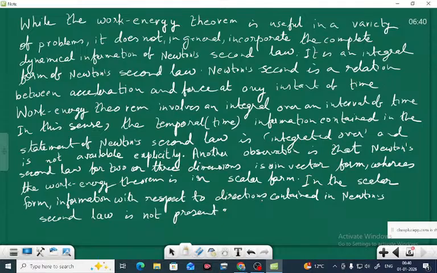In the scalar form, information with respect to directions contained in Newton's second law is not present. So there is a contradiction here, right? In this way you can define the work done by a variable force. So today we have discussed kinetic energy and work done by a variable force.